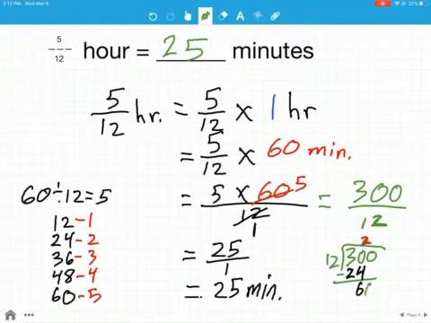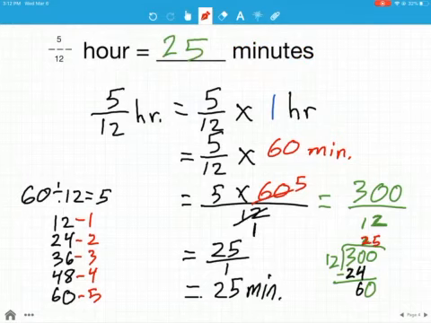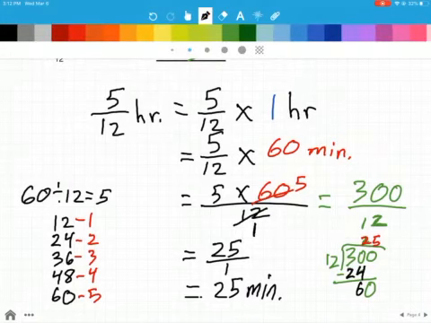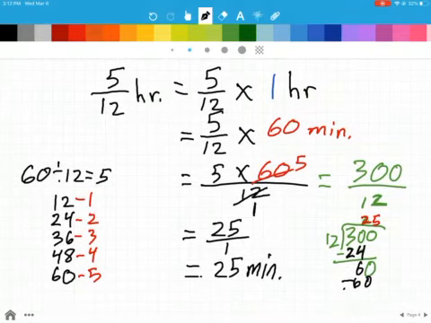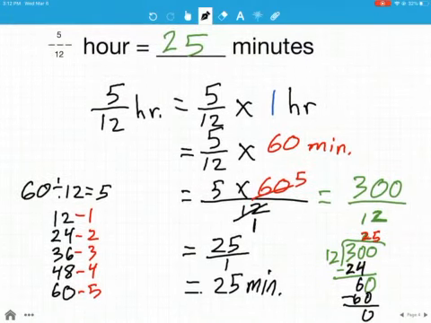Again, with that 60, we have that as the 5 over here. All right, and then I subtract that 60. It leaves me no remainder, so my answer there would be 25.